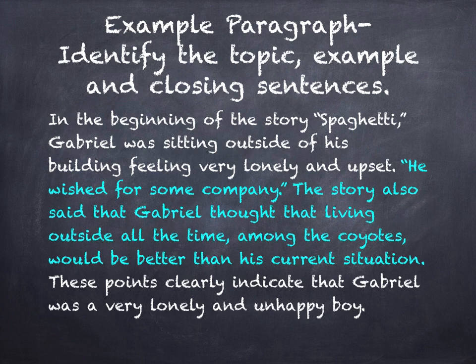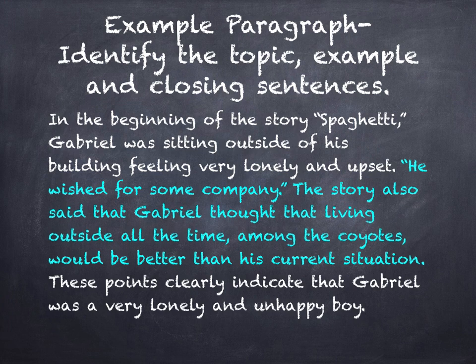So these examples go back to the topic sentence and support the topic sentence. So you need to make sure that when you're including examples into your body paragraphs that they support the topic sentence. If they do not support the topic sentence, then don't put them in because your reader is going to be very confused and we don't want that. So examples need to match your topic sentence.